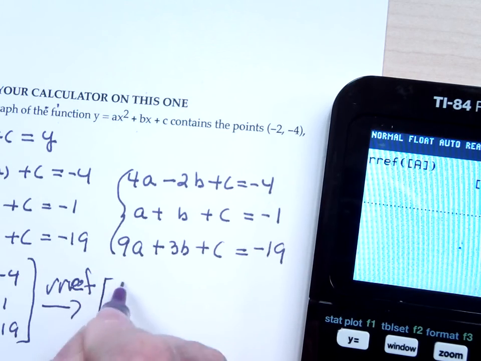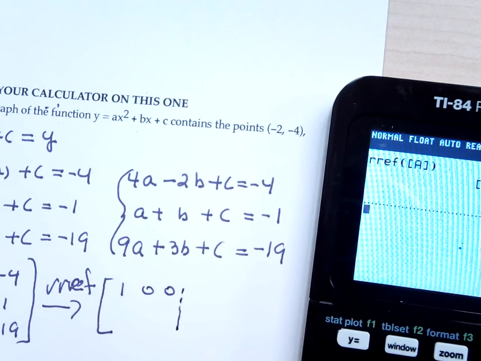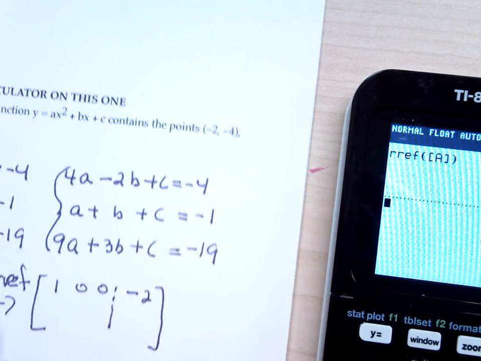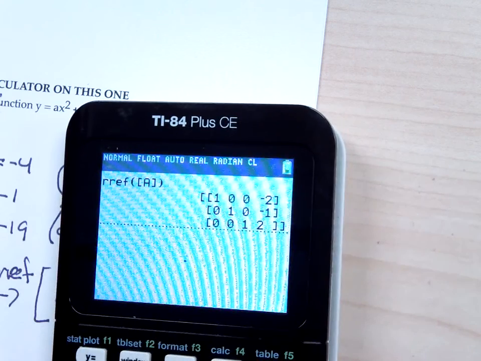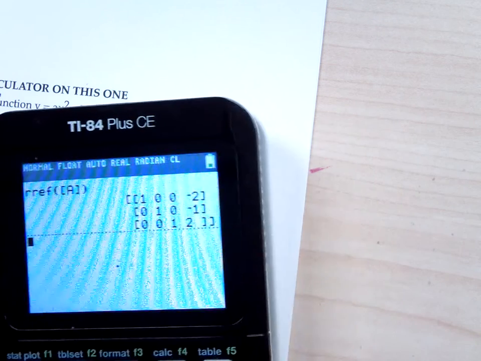So it's 1, 0, 0, negative 2, 0, 1, 0, negative 1, 0, 0, 1, 2.